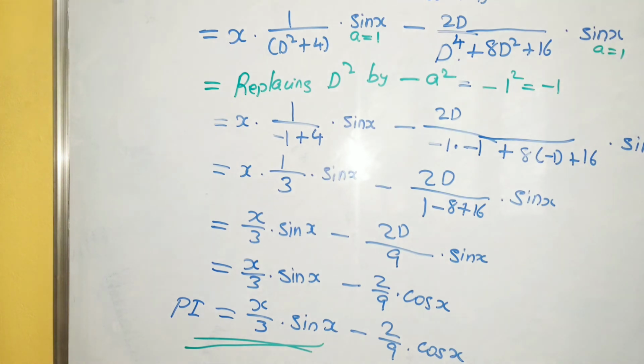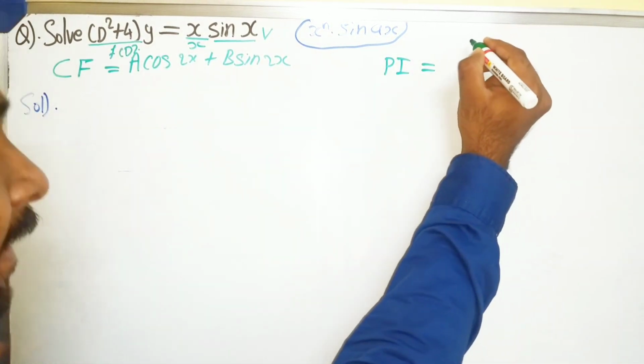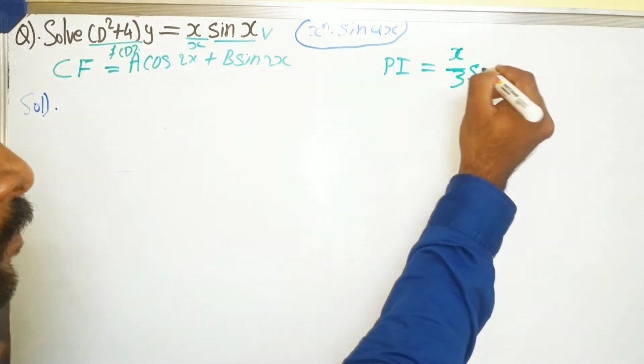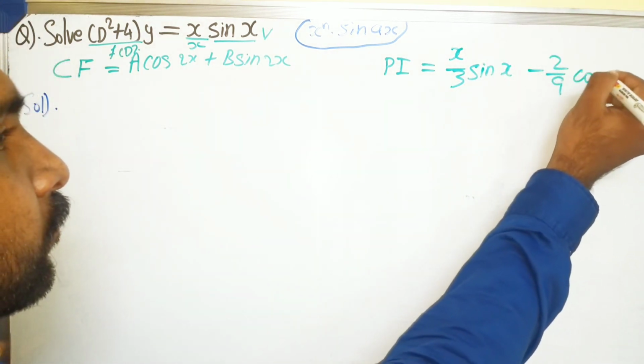So let me write the particular integral on the top. So the particular integral is x by 3 sin x minus 2 by 9 cos x.